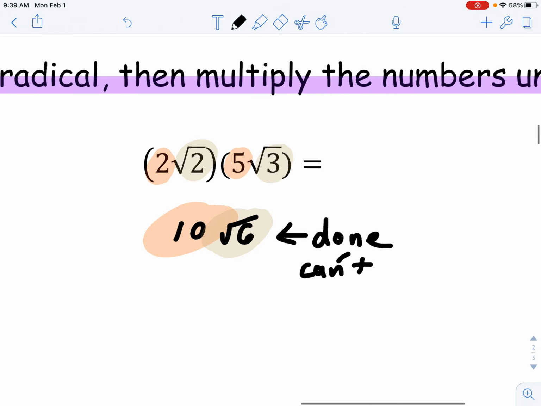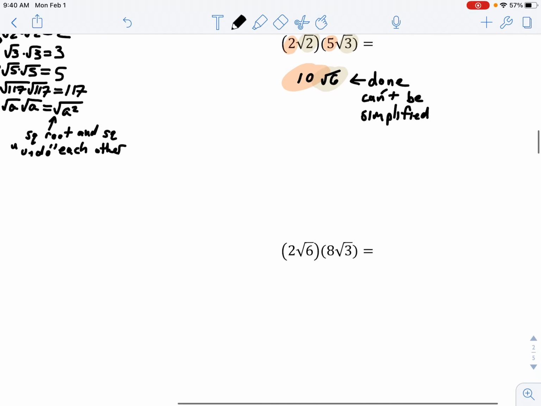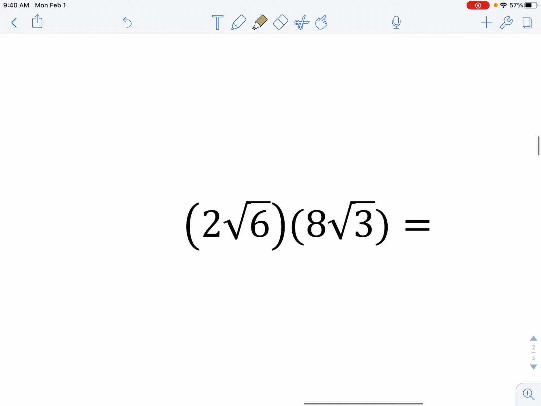Can't be simplified. All right, radical 6 has no square factors, can't be simplified. Its only factors are 3 and 2. Those aren't perfect squares. So sometimes you're done, sometimes your final answer is going to be that, and that's totally fine.